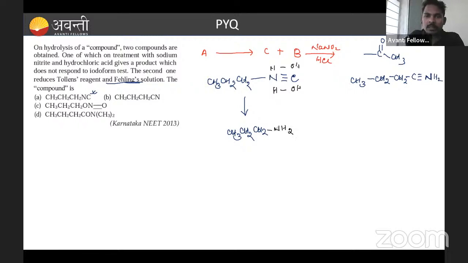And if we do the hydrolysis of this one, then we will have CH3 CH2 CH2, and we will have N triple bond C. Everyone understood this now?